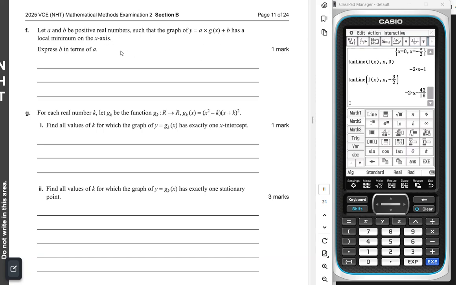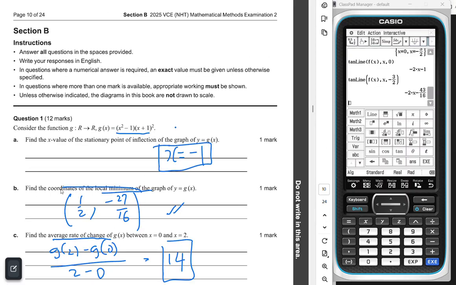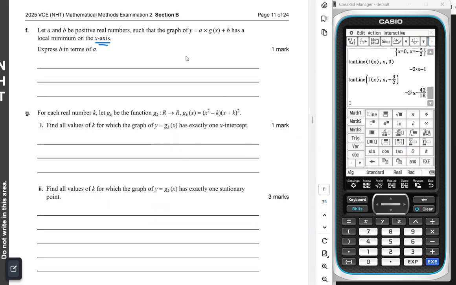Over the page, let a and b be positive real numbers such that the graph of this has a local minimum on the x-axis. So at the moment, it's got a local minimum here at y equals -27 on 16. So I want minus 27 on 16 multiplied by A, then plus B, and I want it to equal 0.